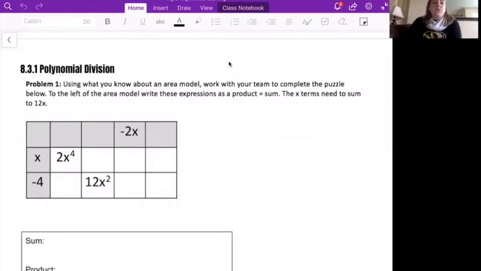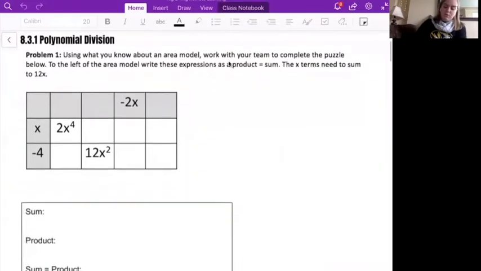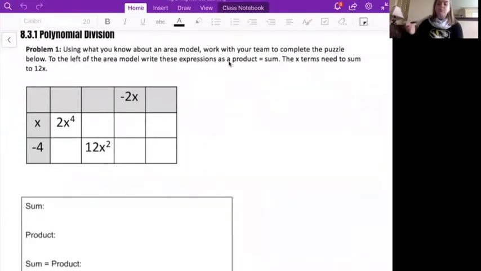Okay, so using what we know about the area model, work with your team or with me to fill out this puzzle below. To the left of the area model, we have the expression as product equals sum, and then the terms need to sum to 12x. So we know our area model.